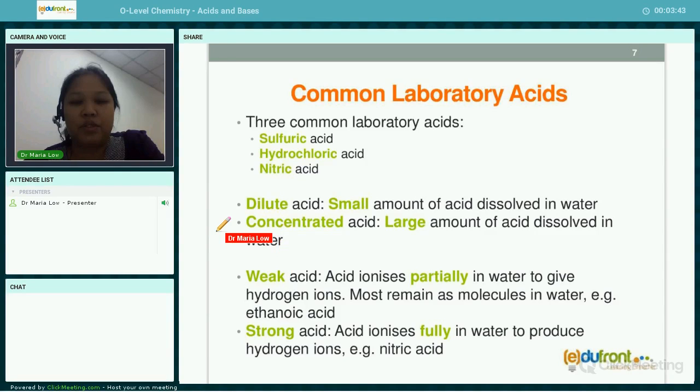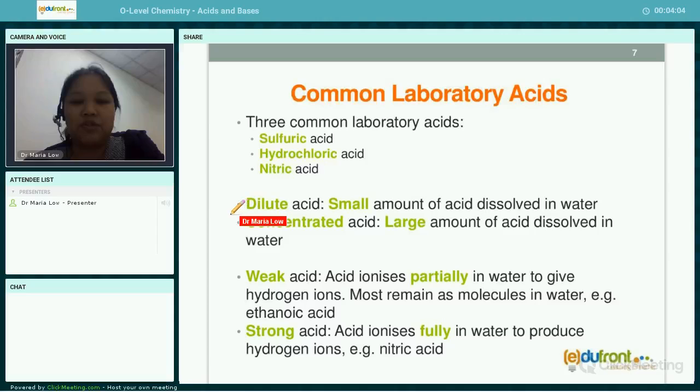Some terms that are very important that you need to understand about acids. When we talk about dilute acids, we are talking about a small amount of acid that is dissolved in water. When we describe an acid as concentrated, it means that we have a large amount of acid that is dissolved in water.